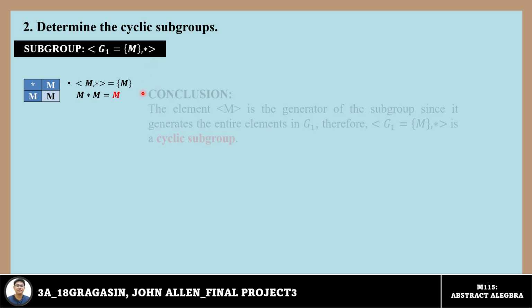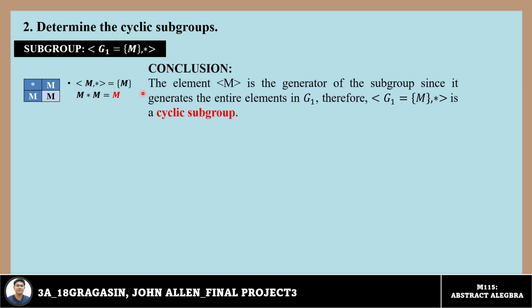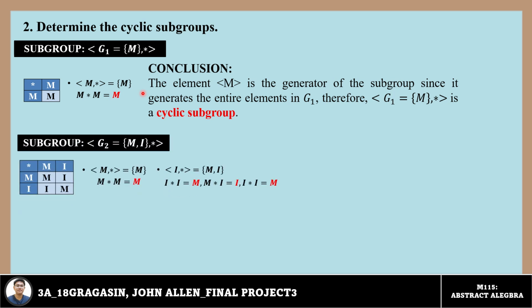Therefore, it is a cyclic subgroup. And then next, we will check if G sub 2 is a cyclic subgroup. So first, we will check if the element M is a generator. So M star M is equal to M. Since it doesn't generate the entire set, it is not a generator.